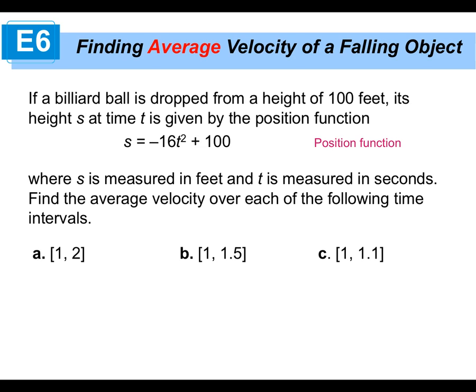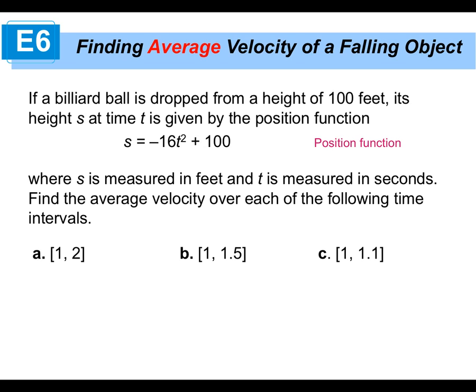And then calculate the slope. Change in distance over change in time. We're not going to do all three of these. We'll just talk about the first one, and I think you'll get the idea.